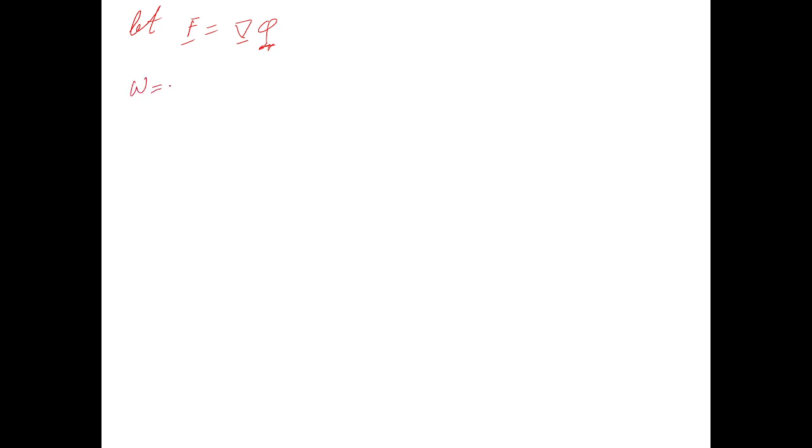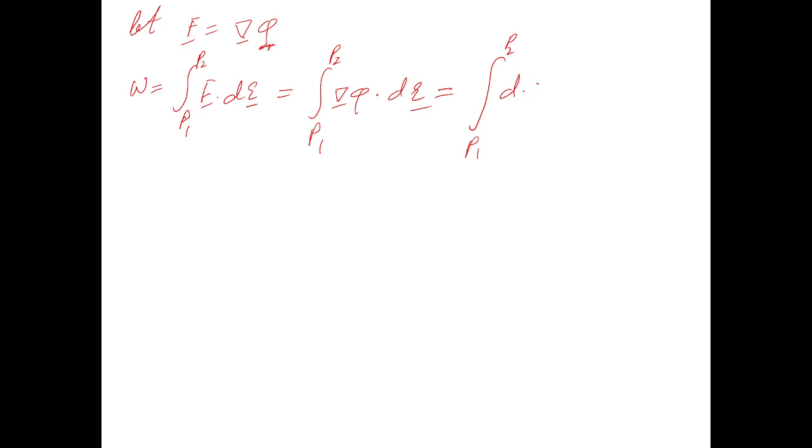Work done in the field from point P1 to P2 is the integral of F dot dr. But F is equal to grad phi, so that is grad phi dot dr, and this product is equal to d phi, integrated from P1 to P2.